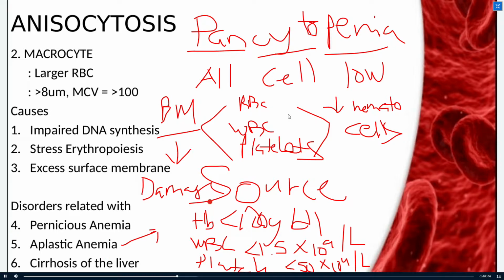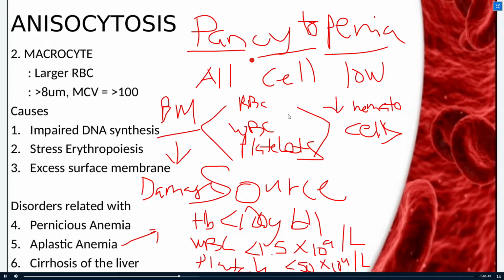Ulitin to, class. In aplastic anemia, we have what you call pancytopenia, wherein all cells are low or decreased. This includes a decreased RBC, WBC, and platelet count. The reason for this, class, is your bone marrow is damaged or injured. I will discuss the specifics of that sa anemia nyo, class, in finals.